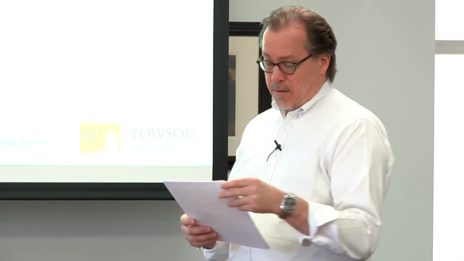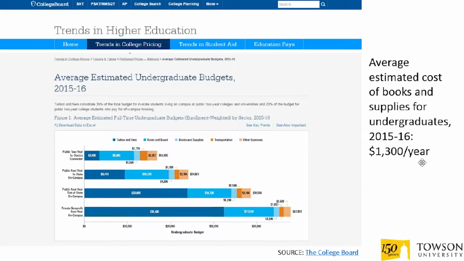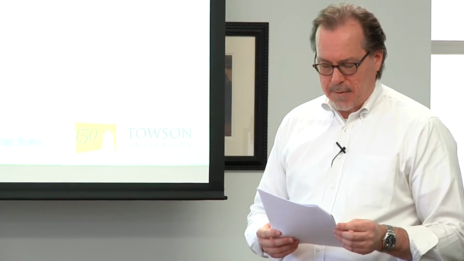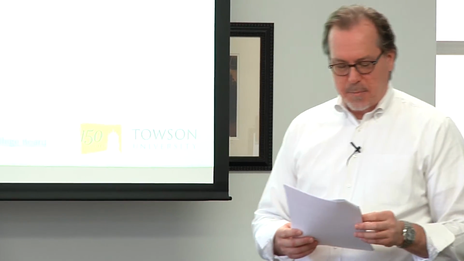According to this graphic from the College Board, the average estimated cost of books and supplies for undergrads in 2015-2016 is about $1,300 per year. I've also seen the figure $1,200 per year thrown out, but I think that's based on older data. So it's somewhere between $1,200 and $1,300 per year.